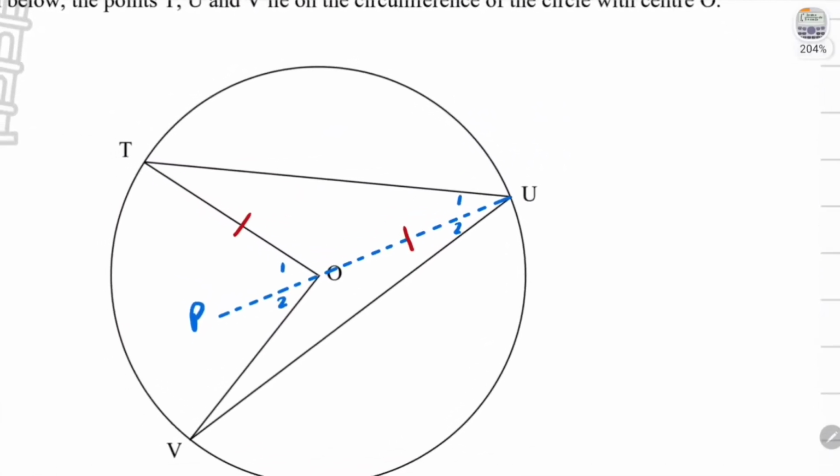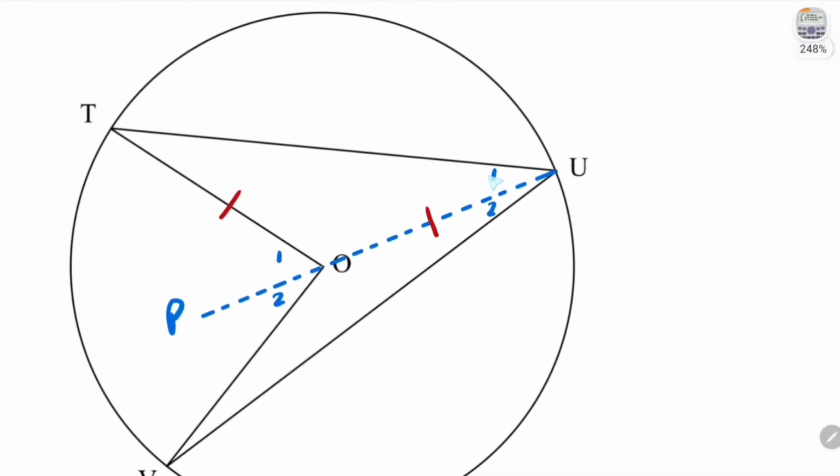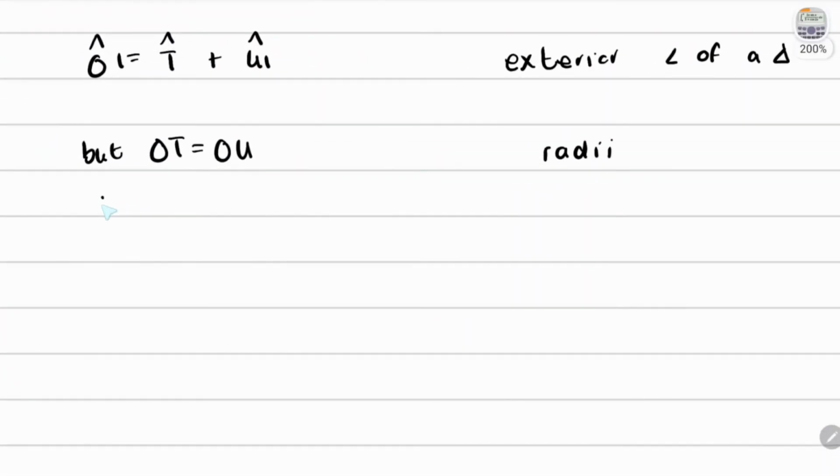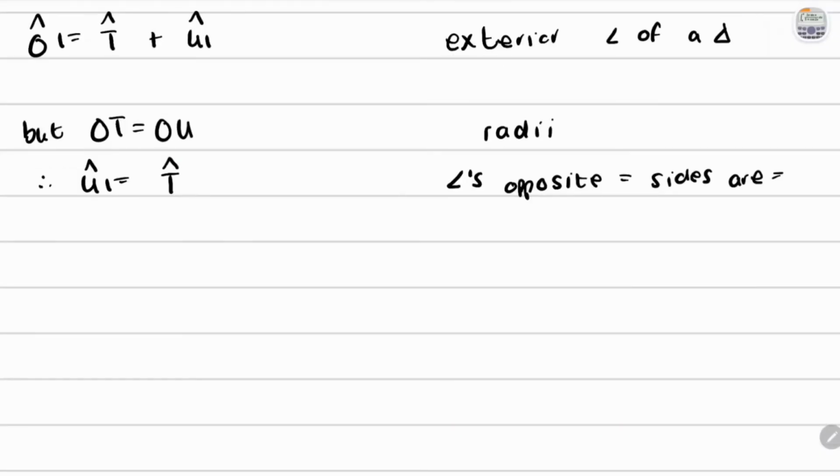Now, if they're equal, it means that the angles opposite their equal sides are also equal. So angle U1 is equal to angle T, because angles opposite equal sides are equal.